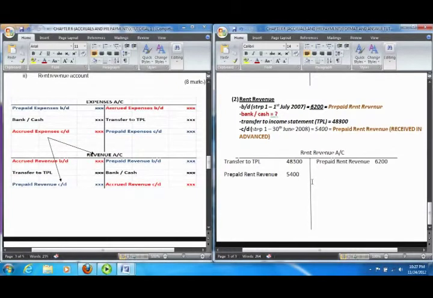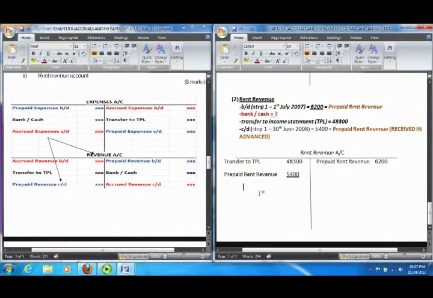So next step, class, what is it? Yes, we must see the total amount of debit side and the total amount of credit side. Why do we need to know the total amount of debit side and credit side? Because we want to know which side is bigger. So, alright, 48,300 plus 5,400. Can I know the answer, class?